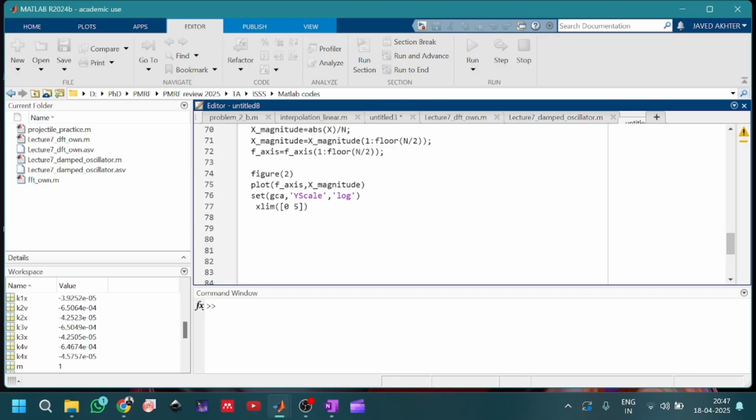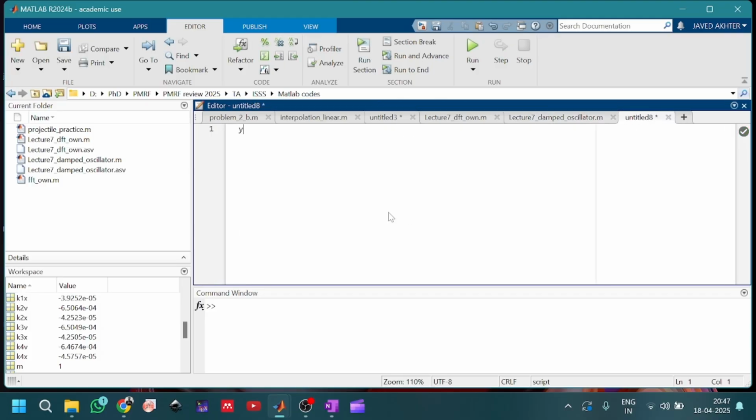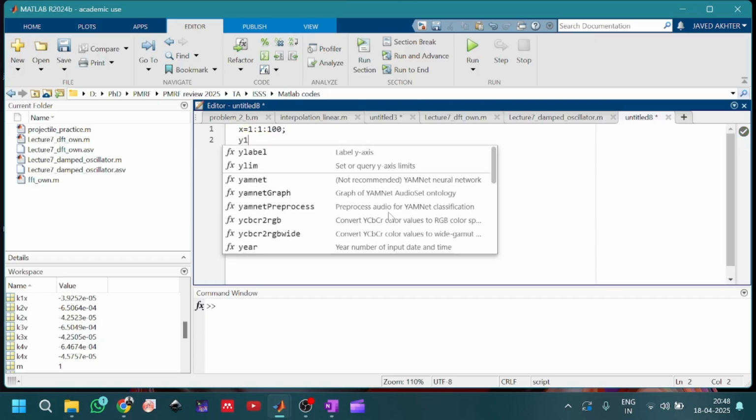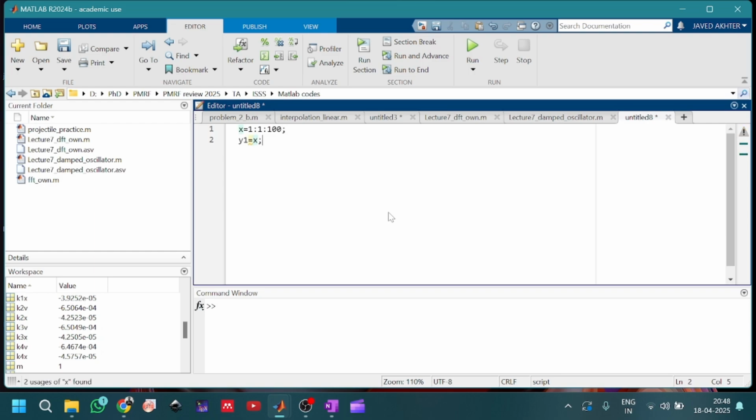so let me show you quickly. Let x be from 1 to 100. We have y1, which is x, and we have y2, which is x to the power 5.